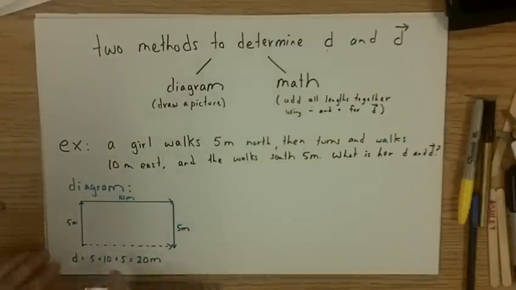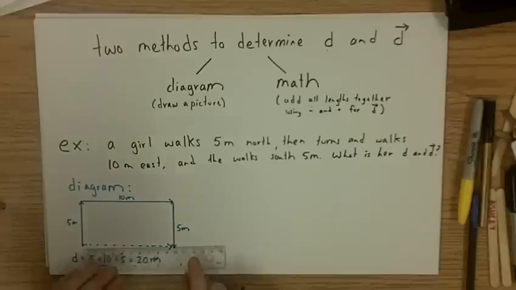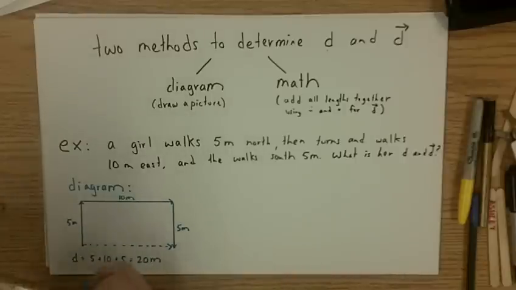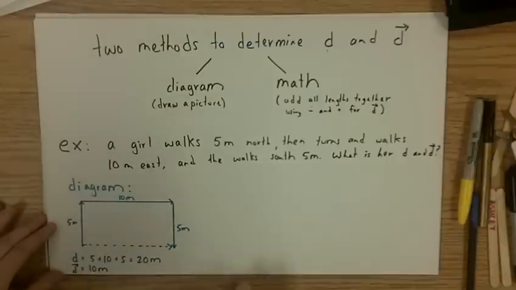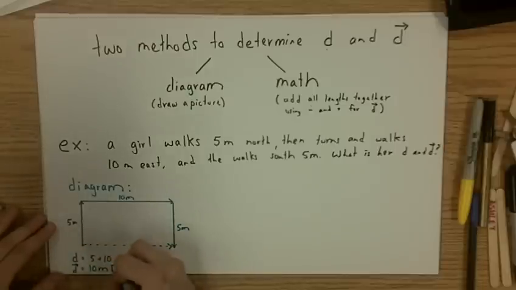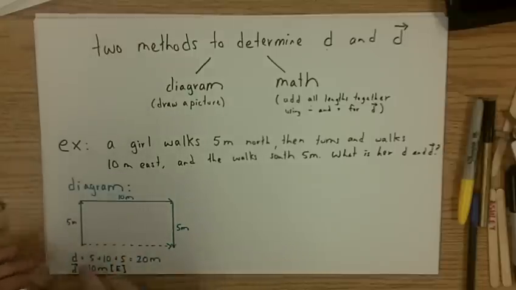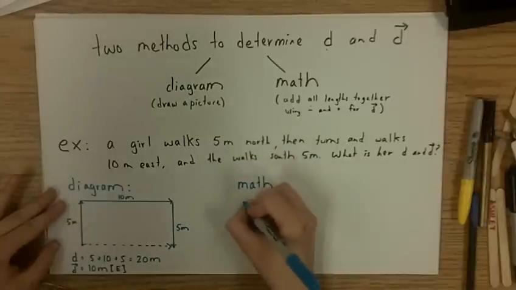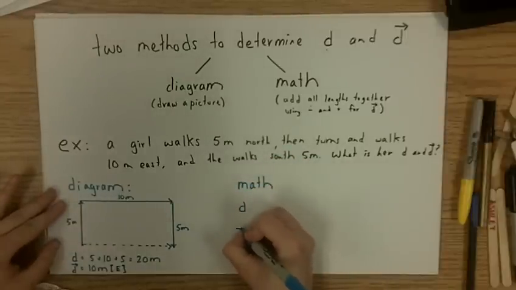I can either reason my way through it, say, well, this canceled out this, so what's left is equal to 10 meters. But if I did it with a ruler exactly, I can see 10 centimeters across here. Therefore, she must have walked 10 meters. So the displacement is 10 meters, and displacements always get a direction. So I see she's east of where she started, so I say east.